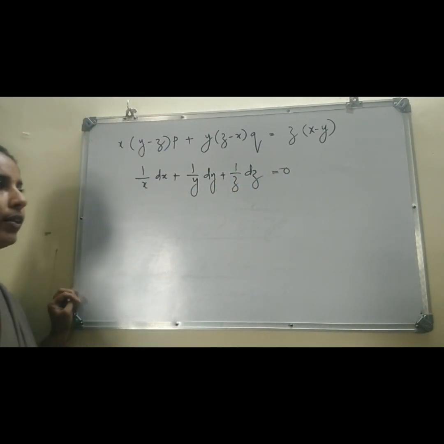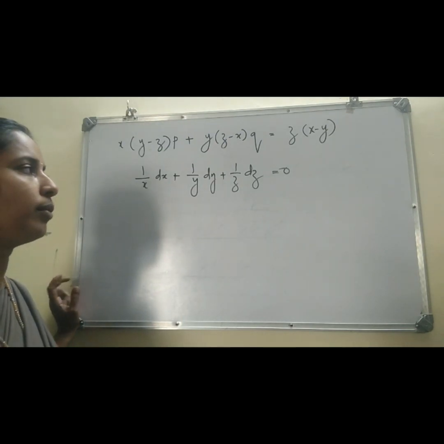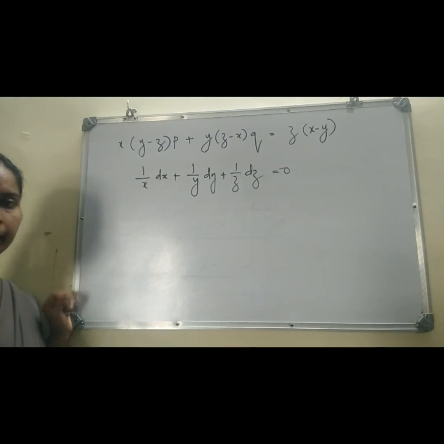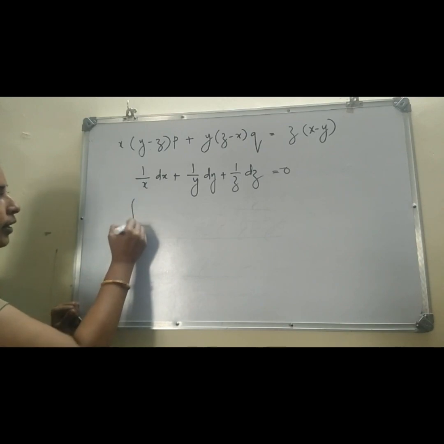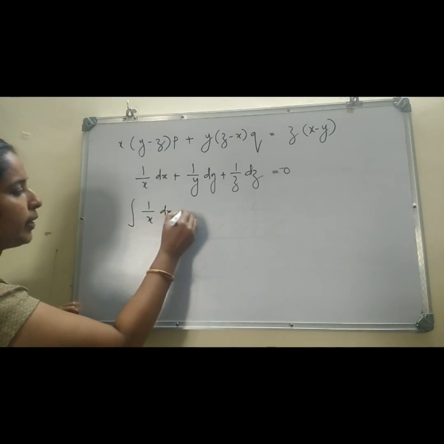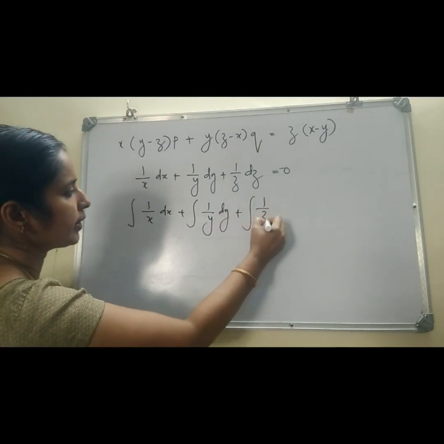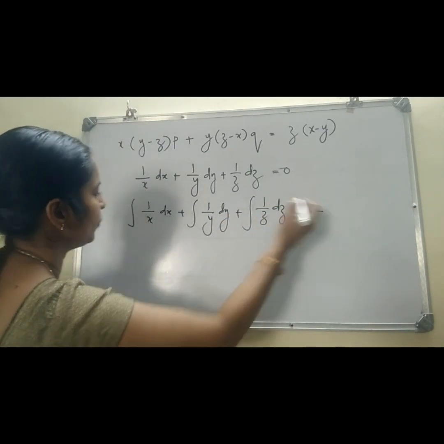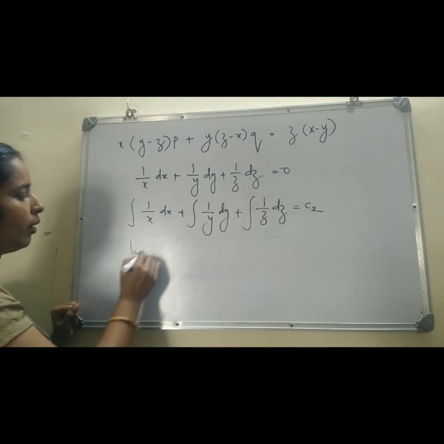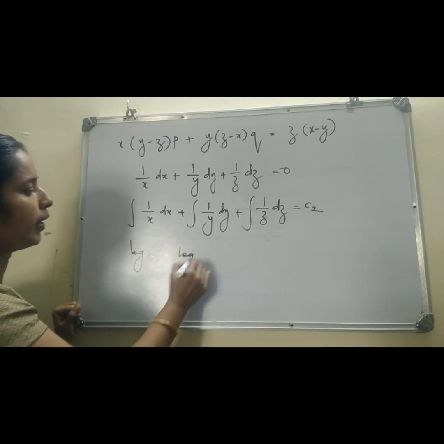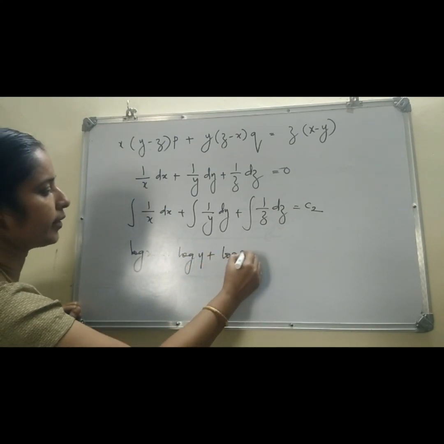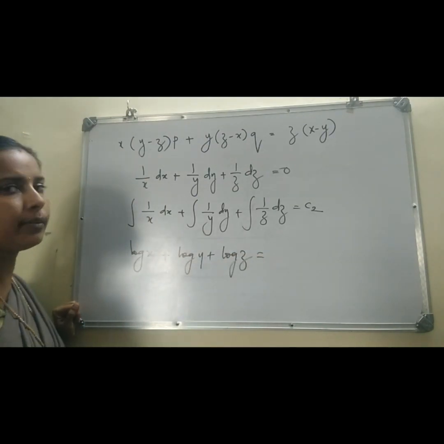See, it's a differential equation in variable separable form, so you can easily solve by integrating. So solution is integral 1 by x dx plus integral 1 by y dy plus integral 1 by z dz is equal to C2. That is log x plus log y plus log z. See, these terms are in terms of log.